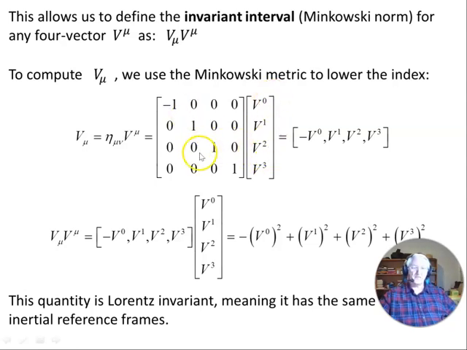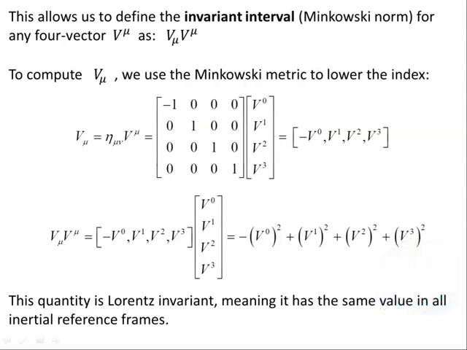So here's our metric, here's our four vector here, and lowering that gives us this row vector here. That's the point here. Now, the product of these two is the Minkowski norm, which is this object here. So in general, for any four vector, we are going to, let me just remove that actually.